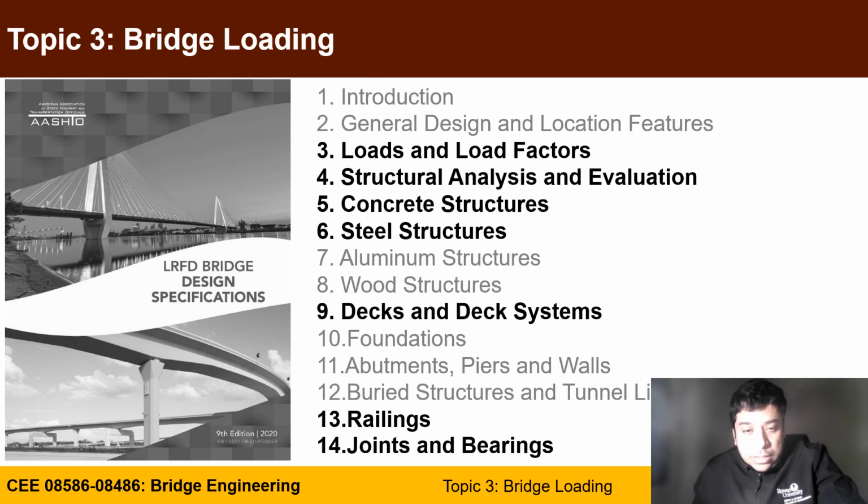The AASHTO specs are divided into 14 sections: introduction, general design and location features, loading and load factors, structural analysis and evaluation, concrete structures, steel structures, aluminum structures, wood structures, decks and deck systems, foundations, abutments, piers and walls, buried structures and tunnels, railing systems, and joints and bearings.